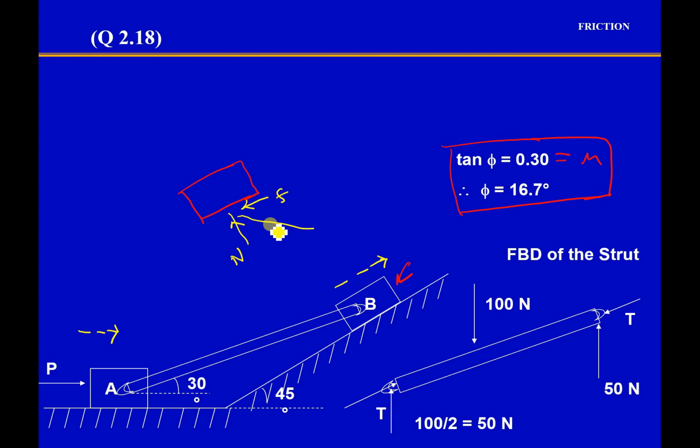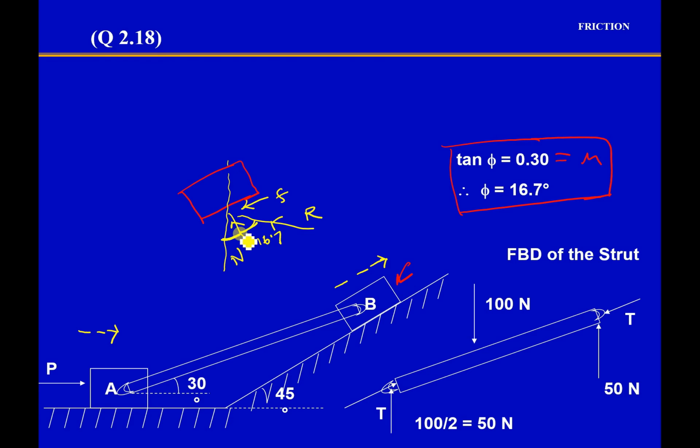And there is going to be a resultant force. Say it is R, and the angle that it makes is 16.7 degrees, right? And this is the normal force.